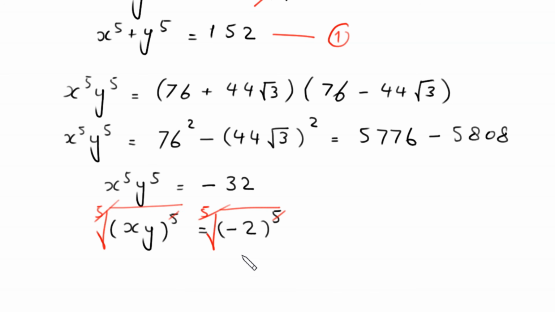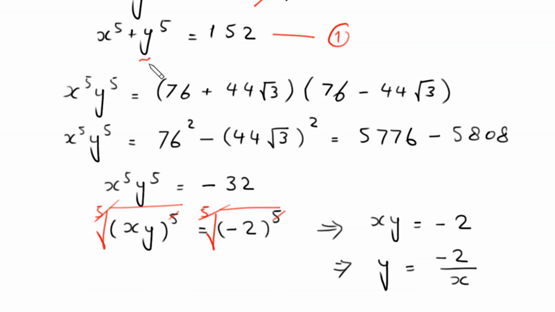So we get xy is equal to negative 2, which implies that y is equal to negative 2 over x. Now in equation 1 we replace y with negative 2 over x. Equation 1 is x to the power 5 plus y to the power 5 is equal to 152.